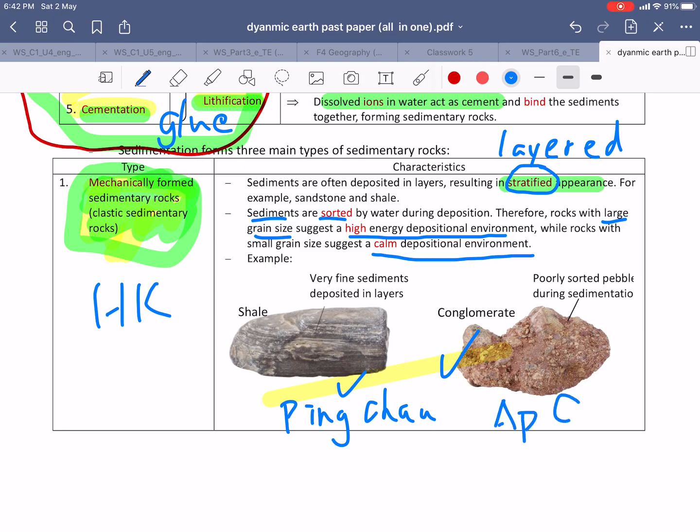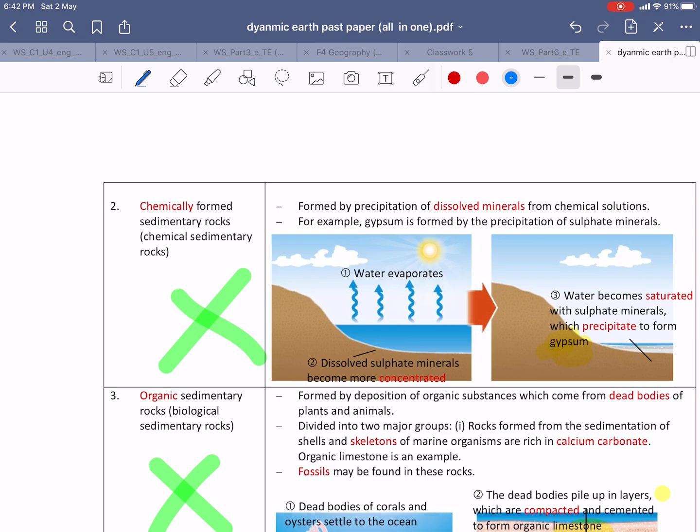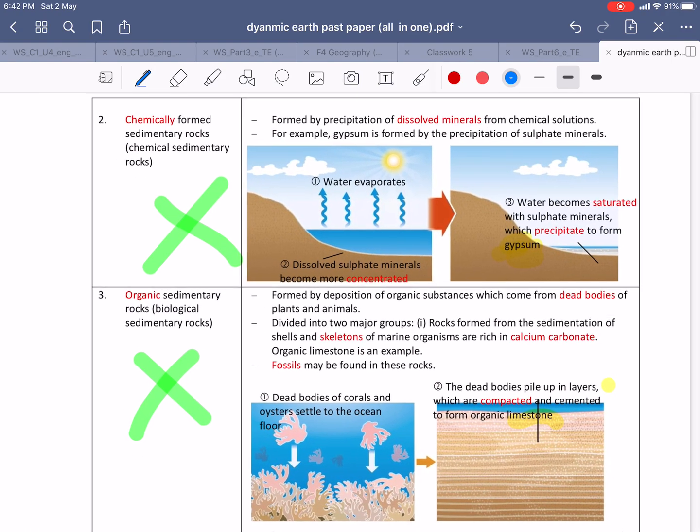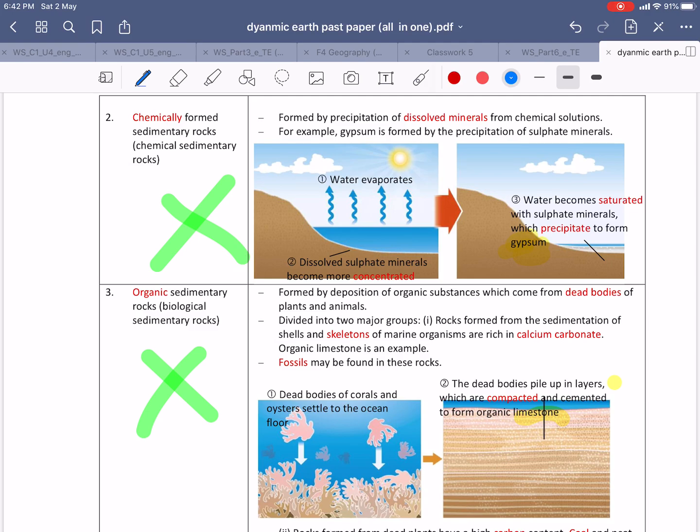Ap Lei Chau. And what's more, chemically formed sedimentary rock and organically formed sedimentary rock are not quite common in Hong Kong, but just have a look. For example, water is always the solvent for chemically formed sedimentary rock, because it may dissolve some minerals, for example sulfate, in the rock, and then it becomes more concentrated and saturated in the lower ground layer, and this is gypsum.